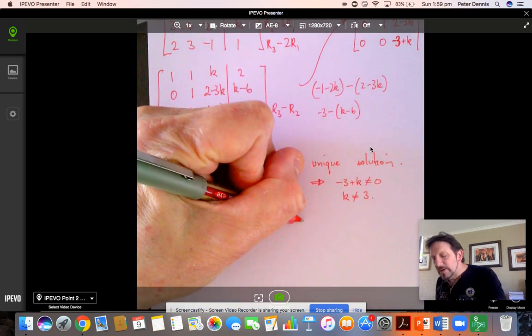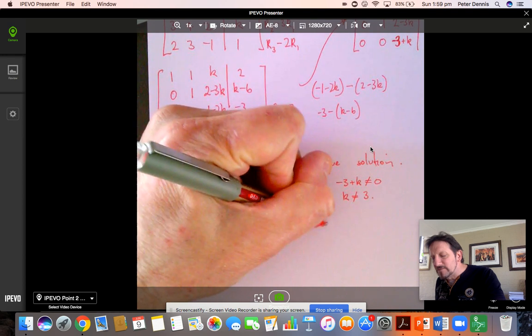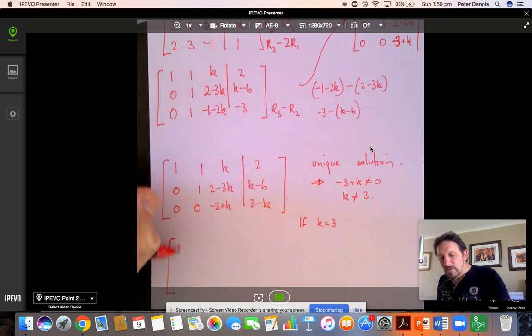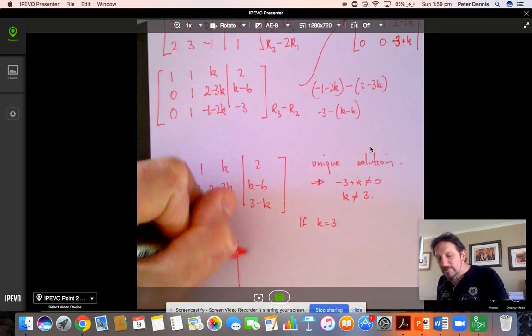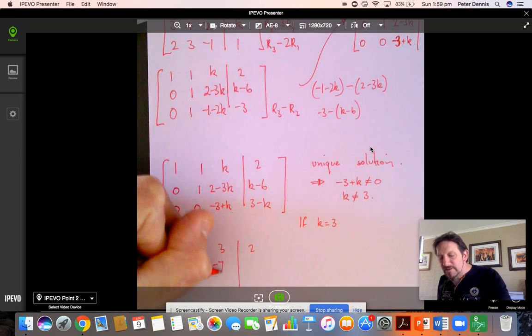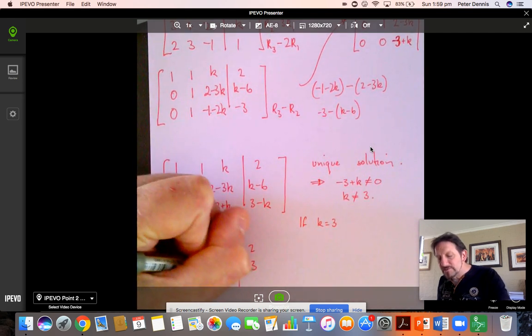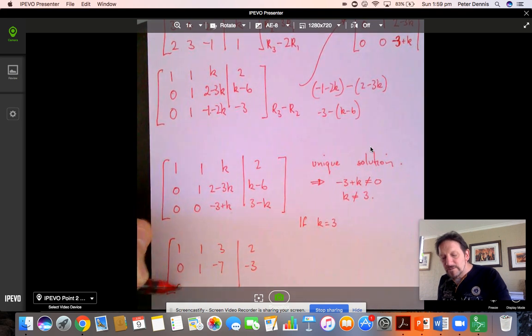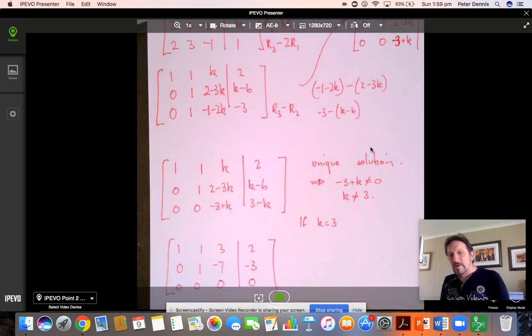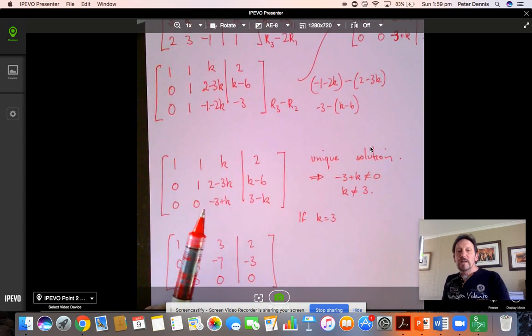So what happens if k equals 3? If k equals 3, then this is going to become this: 1, 1, 3, 2, 0, 1, minus 7, minus 3. Here we're going to get 0, 0, 0, 0. Now, there's two things that can happen.